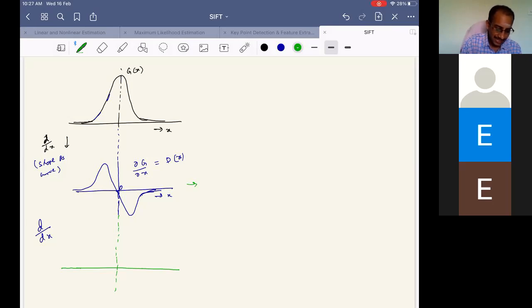Now let's sketch the second derivative of Gaussian. What do you think will happen? Here the slope is almost 0. It is increasing and then decreasing. Can somebody comment how it will be? No idea?